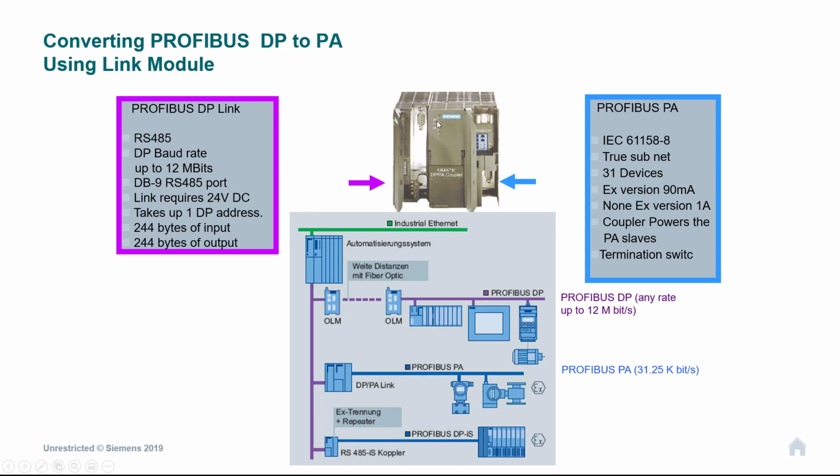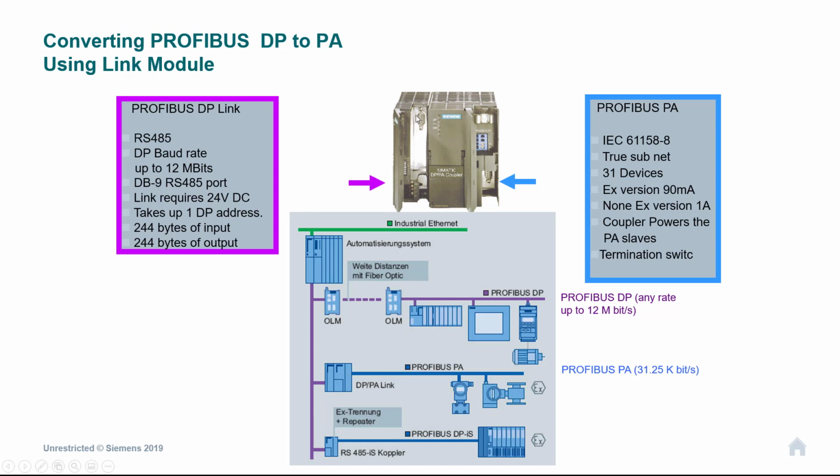This now has two cards, and what we have here is a Profibus DP slave, but a Profibus PA master. So this is communicating to all your PA devices, and you'll have all of your separate addresses there for PA.